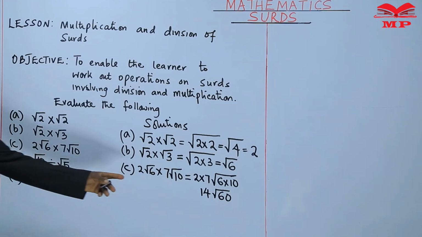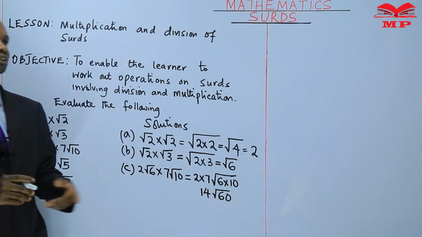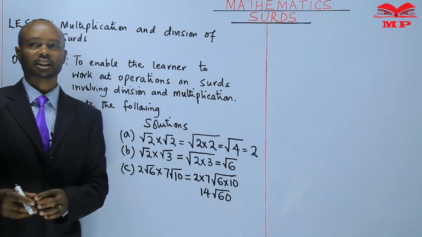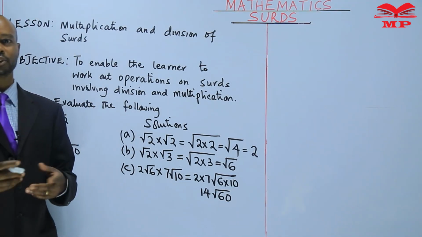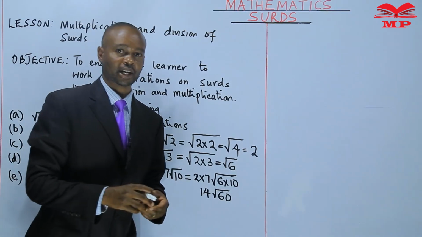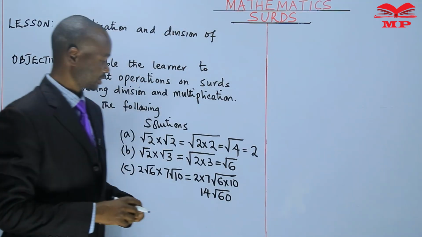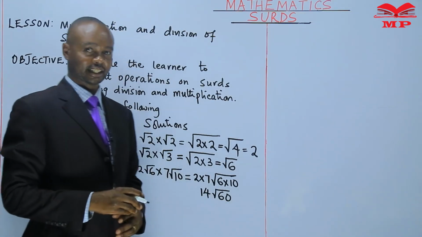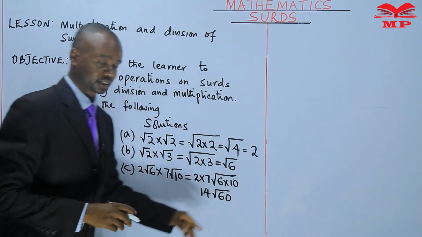But once you get square root of 60, you look whether there are any factors of 60 that have perfect roots. You can try to juggle about. You have 2 times 30, we have 4 times 15. So it doesn't end here. You have to look at the number you find inside the root.